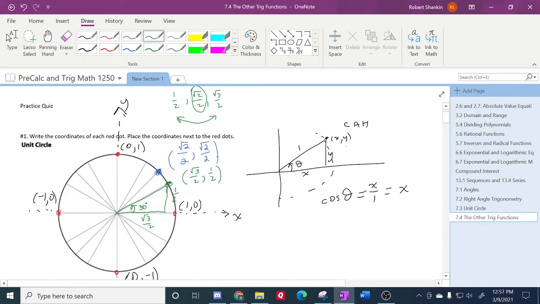And now we know that the red dots all have those coordinates. The blue dots are at the 45-degree angles, halfway between the red dots, and those will only use the square root of 2 over 2's. All the other ones are going to be green dots. All these green dots can only use the numbers 1/2 or square root of 3 over 2.